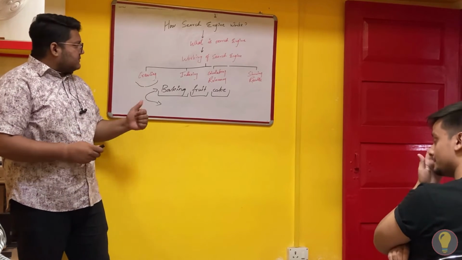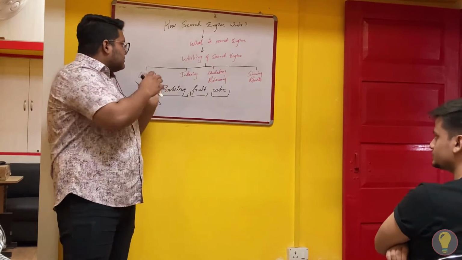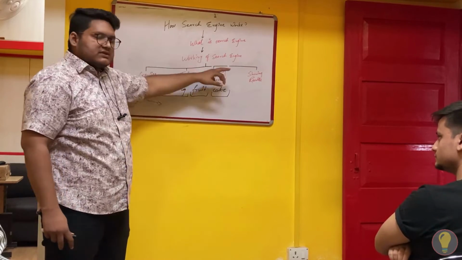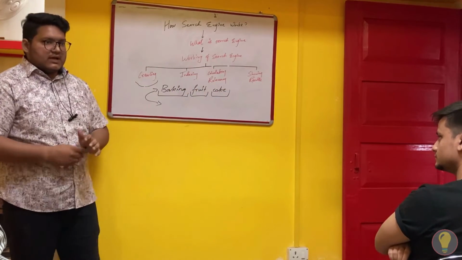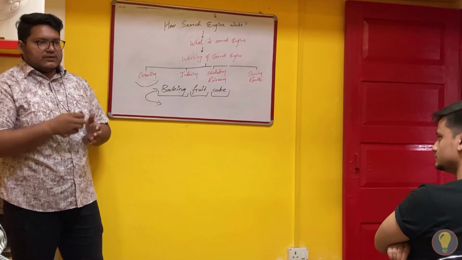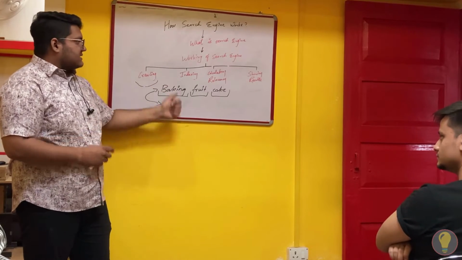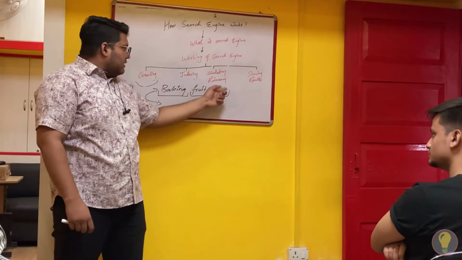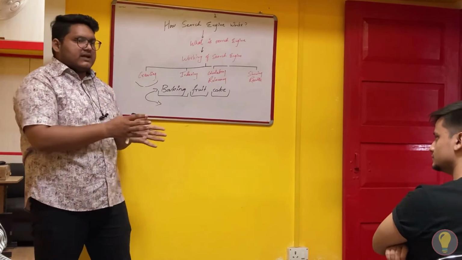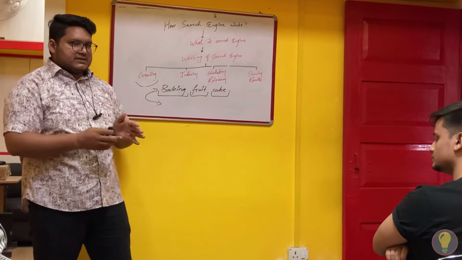Why is it important for a search engine to go through all this process? Search engines are expected to deliver the most relevant result to users. So they do all these tasks, and for doing all this, they have a particular system. They have a database where they collect different information from different sources.